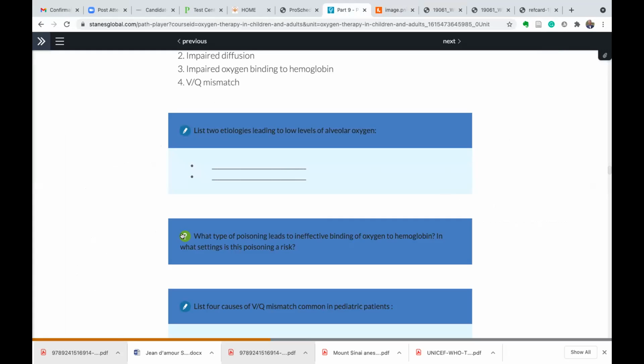What type of poisoning leads to ineffective binding of oxygen to hemoglobin? In what setting is this poisoning at a risk? So think about that.